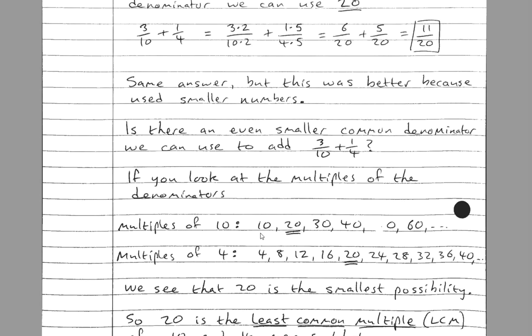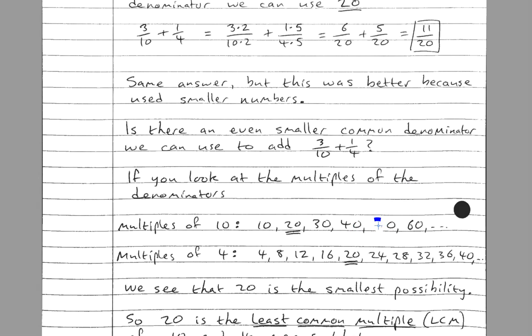Okay, so the multiples of 10: 1 times 10, 2 times 10, 3 times 10, 4 times 10, that should be a 50. The multiples of 4: 4, 8, 12, 16, 20, 24. And yeah, so the smallest common multiple is 20.